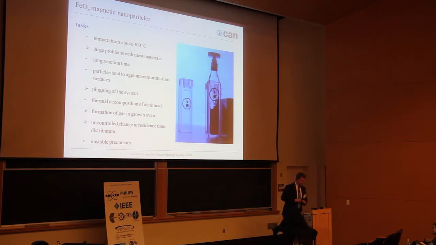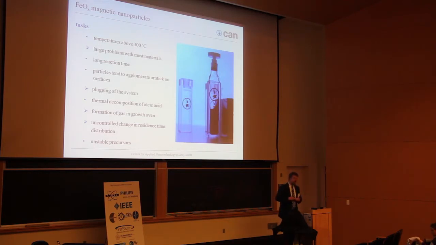And there are more problems. For example, the oleic acid tends to decompose at very high temperatures, and this yields some gas components which arise in your growth oven. And if you get gas in your growth oven, then usually you get an uncontrolled change of the residence time distribution, and this is definitely not what you want to have either. And there are even more problems.